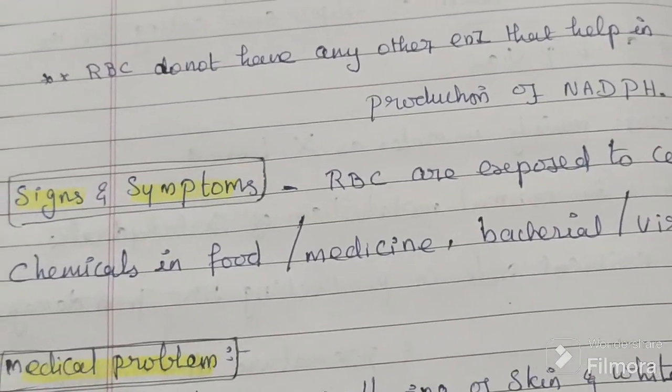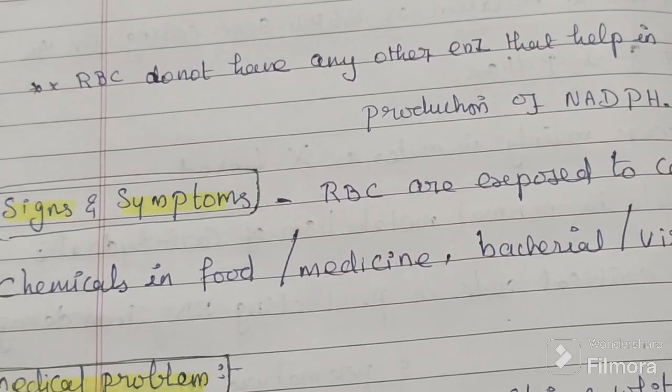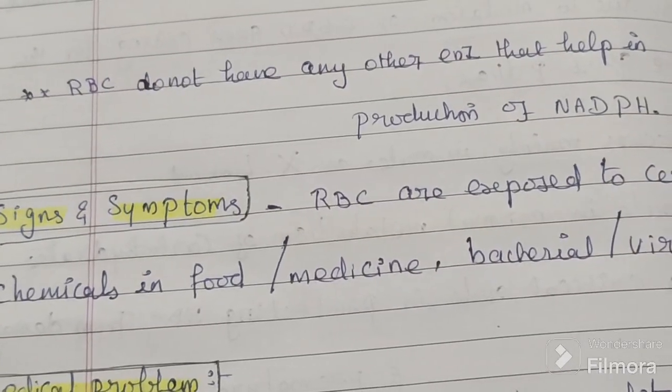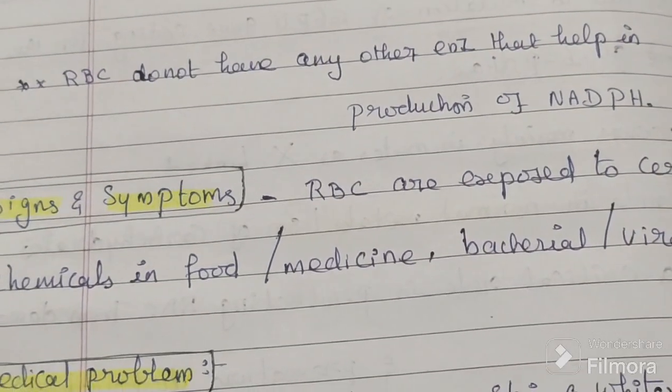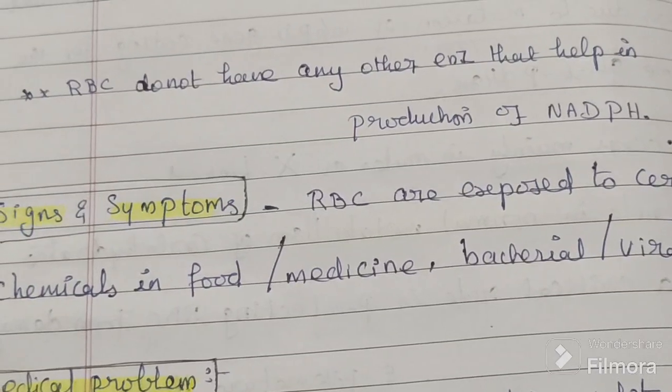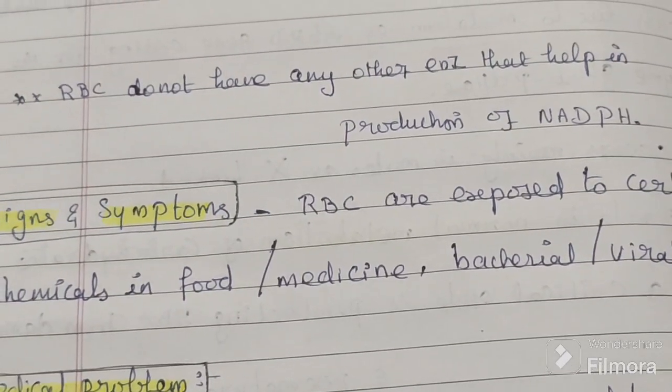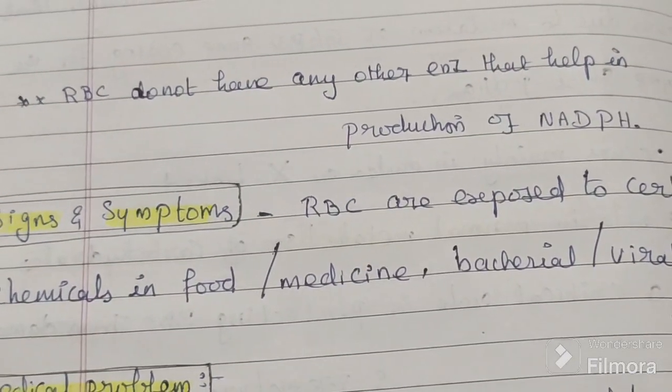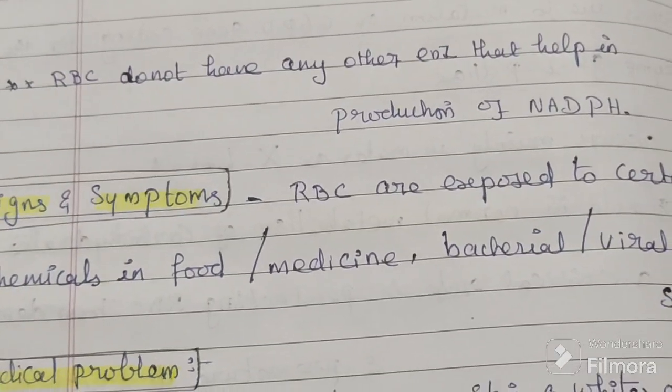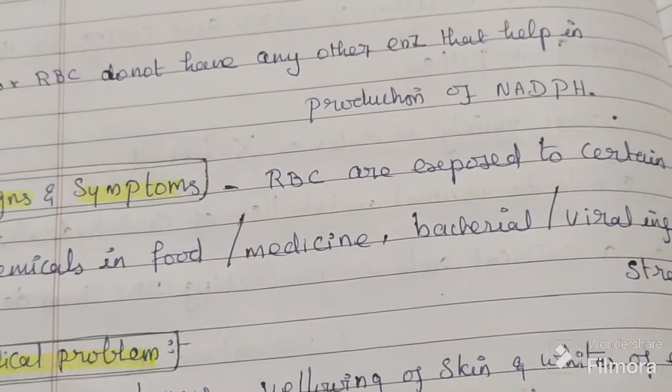Signs and symptoms. Symptoms occur only when the person's red blood cells are exposed to certain chemicals in food or medicine, a sudden bacterial or viral infection, or stress.